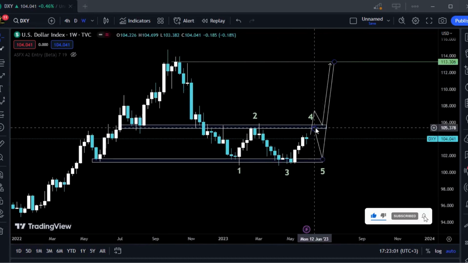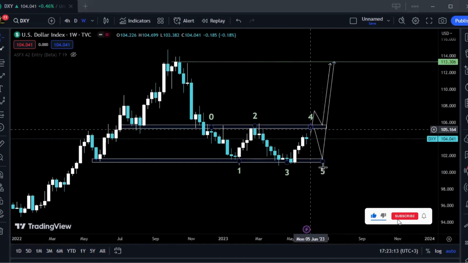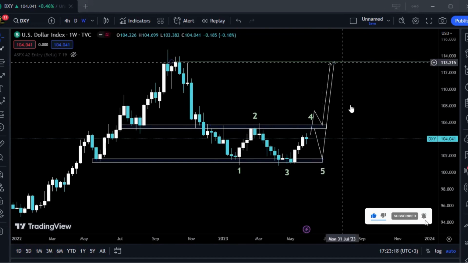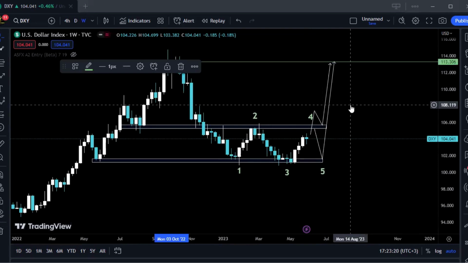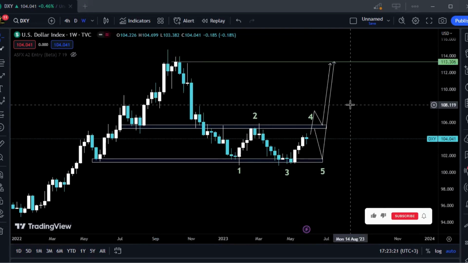The market right now is mostly driven by fundamentals more than technicals. If it was just another smooth month, another smooth week, I would have said prices will come back down here to 5 before we see it bounce off. But the market right now is driven crazy by the fundamentals.